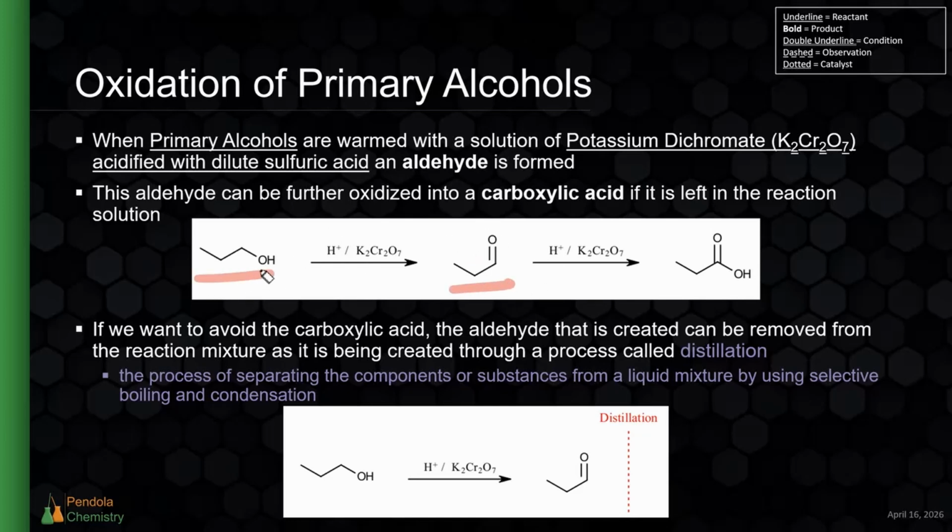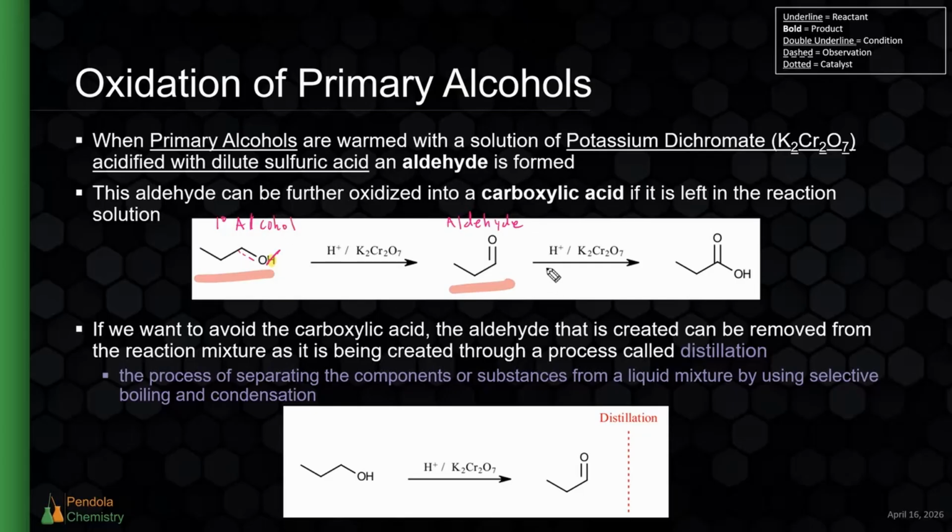So the primary alcohol gets oxidized into an aldehyde, and as you can see, essentially what happens here is that the hydrogen that is in the alcohol, in the OH, gets removed, and a double bond gets created from that oxygen to that carbon. So the hydrogen gets removed from the alcohol, a double bond gets created between the oxygen and the carbon, creating our aldehyde from our primary alcohol.